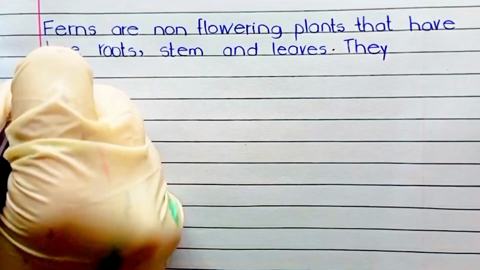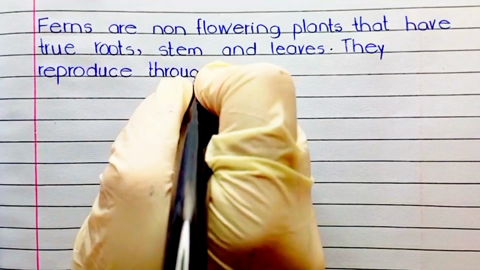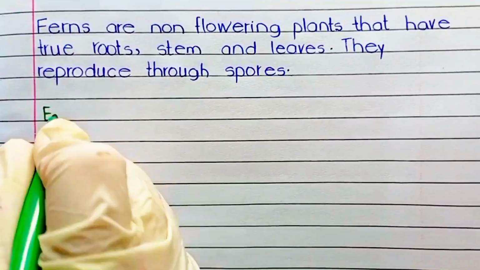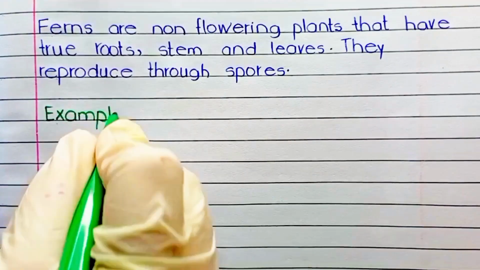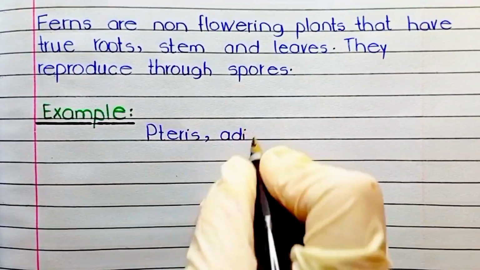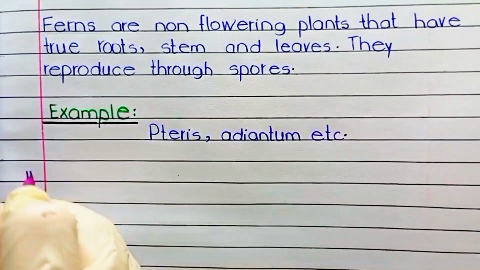They reproduce through spores. Examples of ferns are Pteris, Adiantum, etc.